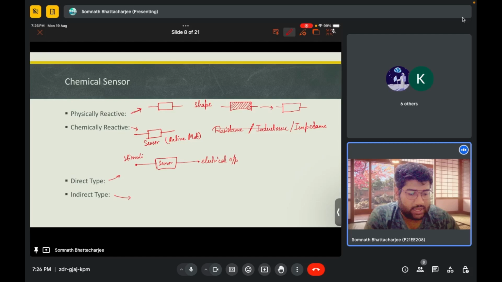We are determining the change in electrical potential between two electrodes, but the specific thing to remember is that there is no current flow. There shouldn't be any kind of current flow, because without current flow there is an electrical potential change between two electrodes, and by this phenomenon the potentiometric sensor works.